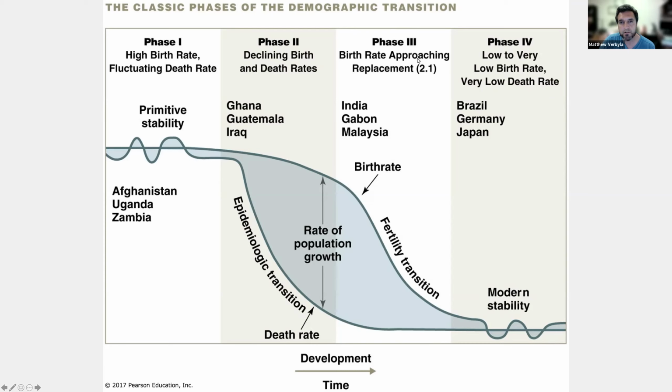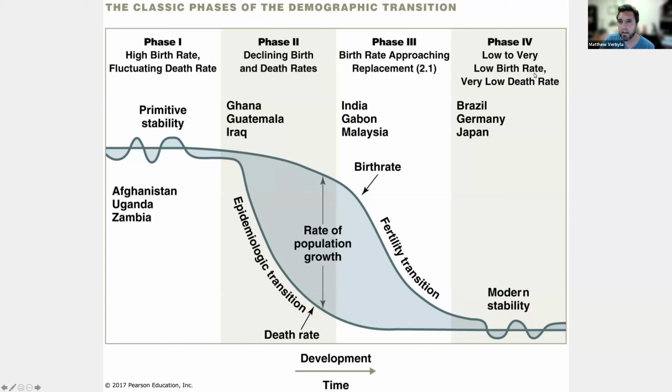Some examples of countries that are experiencing phase 3 are India, Gabon, Malaysia. So you start to see more approaching of a stability in the population change, and the rate of population growth starts to decrease.